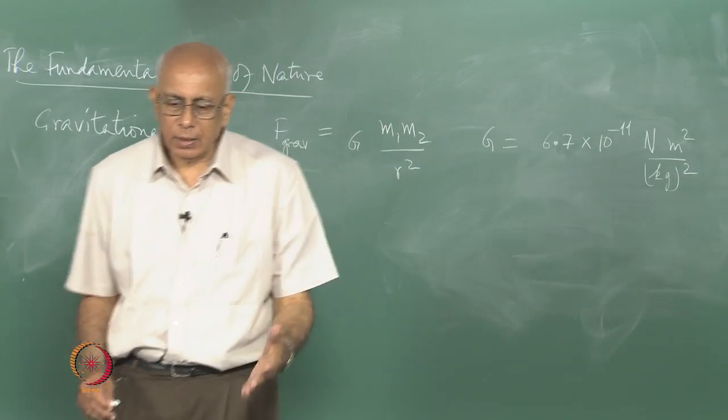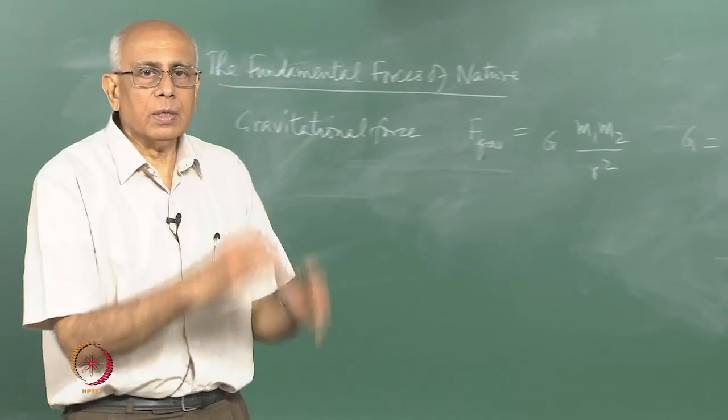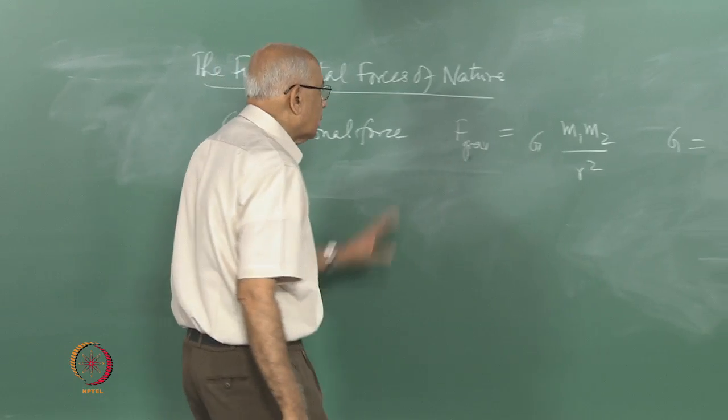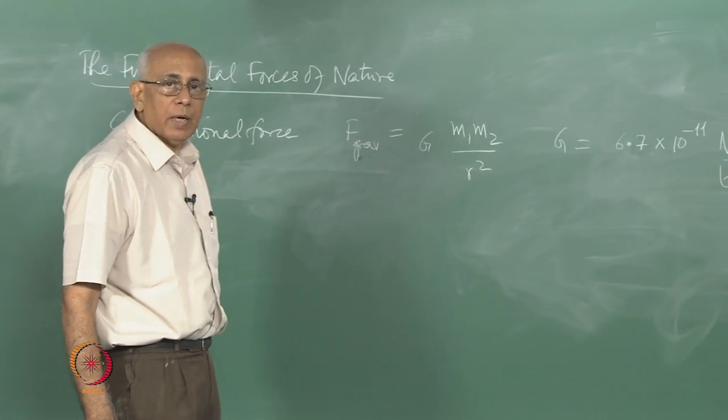These are the standard international units, and capital G is of the order of 10 to the minus 11. So this is Newton's famous inverse square law of gravitation.